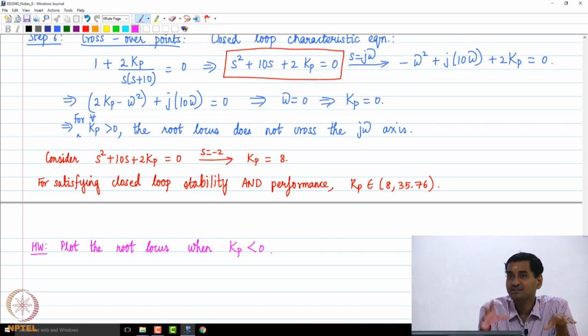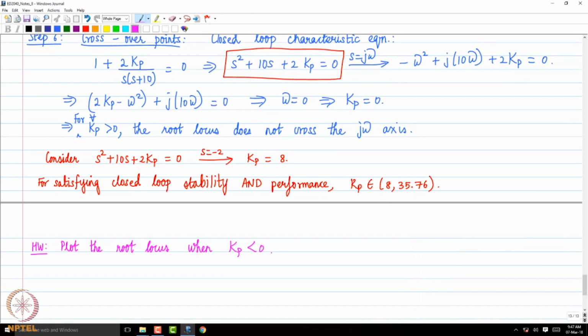The open loop transfer function was 2 Kp divided by s times (s plus 10). Now if you ask me to plot the root locus for all real values of Kp, I need to go from minus infinity to plus infinity.